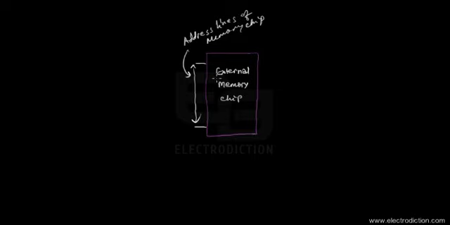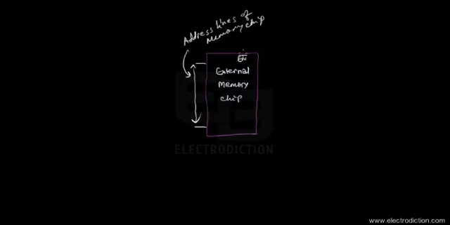Apart from the address lines of the memory chip, which are used to access each of its addresses or registers, it also has an enable pin, EN bar.